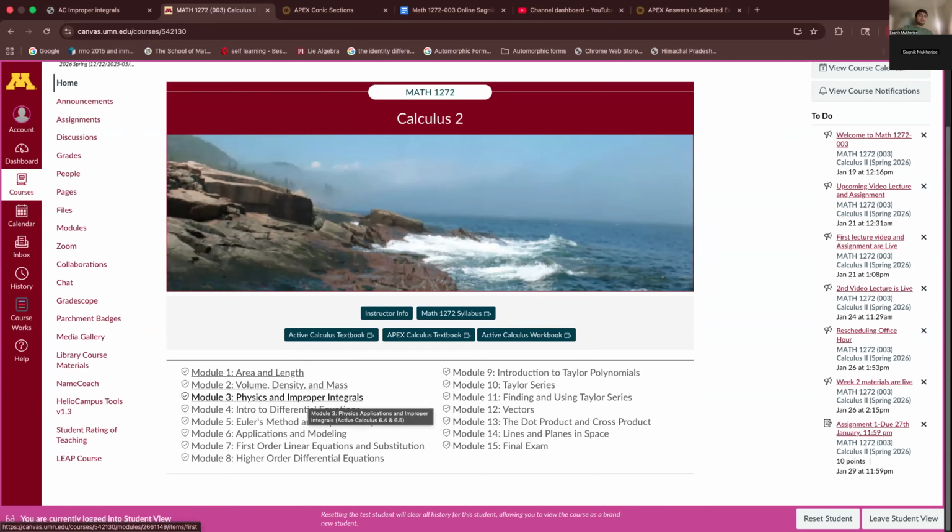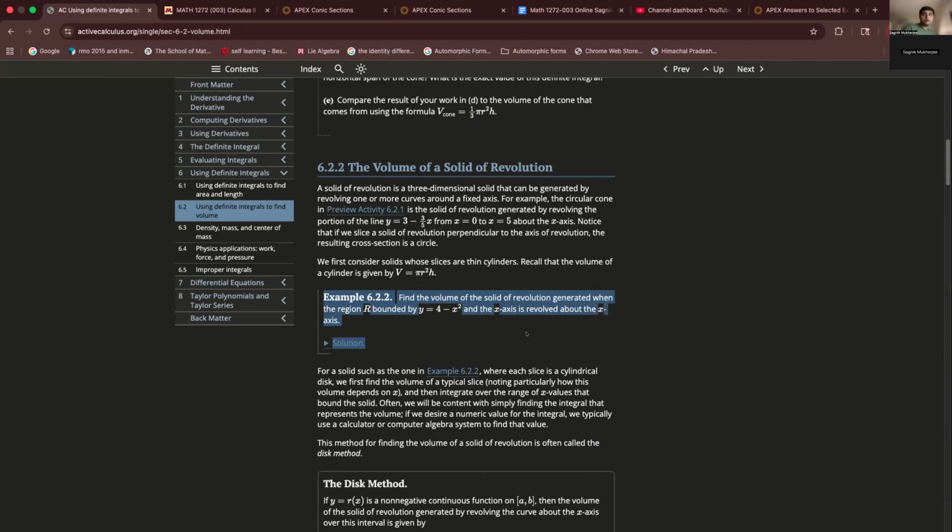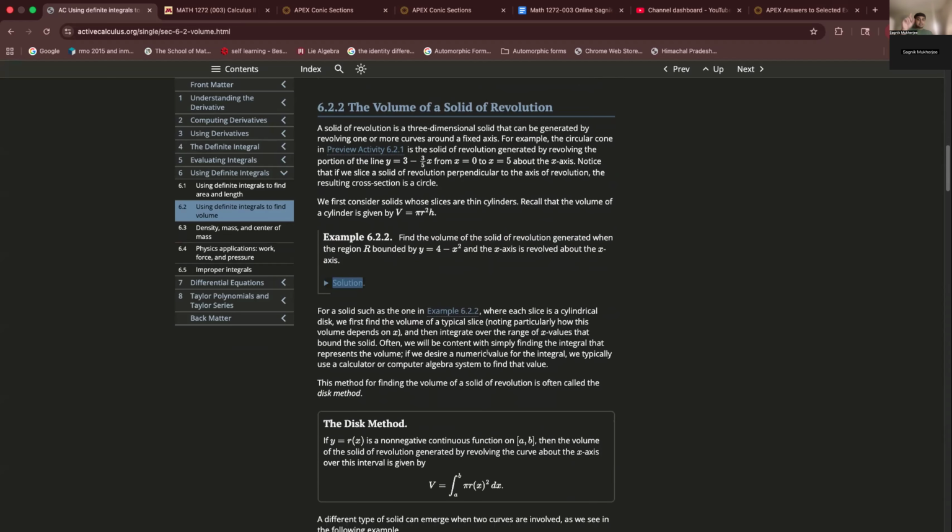Let's go to a different chapter, chapter 6.2, because 6.4 has no exercise example. Look at this. This is a so-called example. You can click on the solution to see the solution, or you can do it on your own. So this is one component.